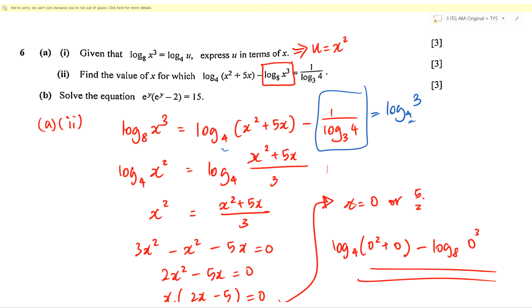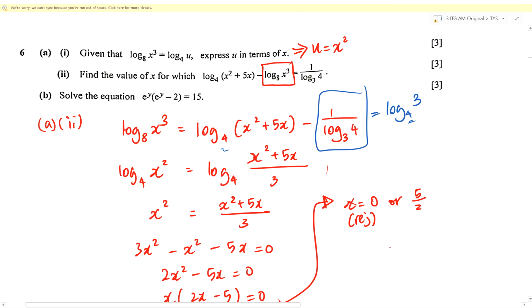So although I didn't memorize it, I know that I cannot take log base anything of 0. Doesn't work. Go and look at your graph for logarithms. It never touches the axis. So x equals 0 must be rejected. So the other value will be x equals 2.5, and we have no issues with that.